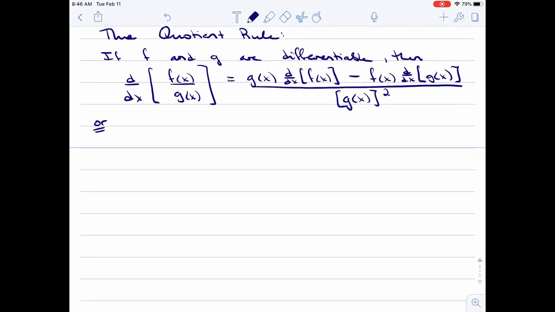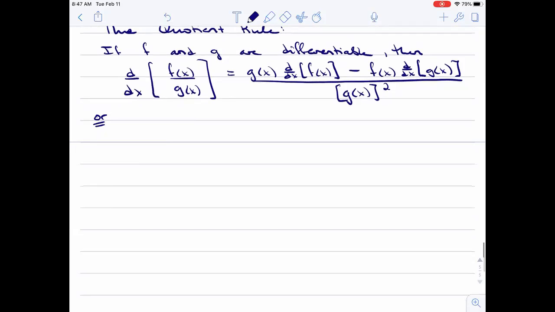And I'm trying to keep it all on the same page here. In prime notation, which is the one that you have on your handout, the derivative of f over g is going to be g times f prime minus f times g prime over g squared.